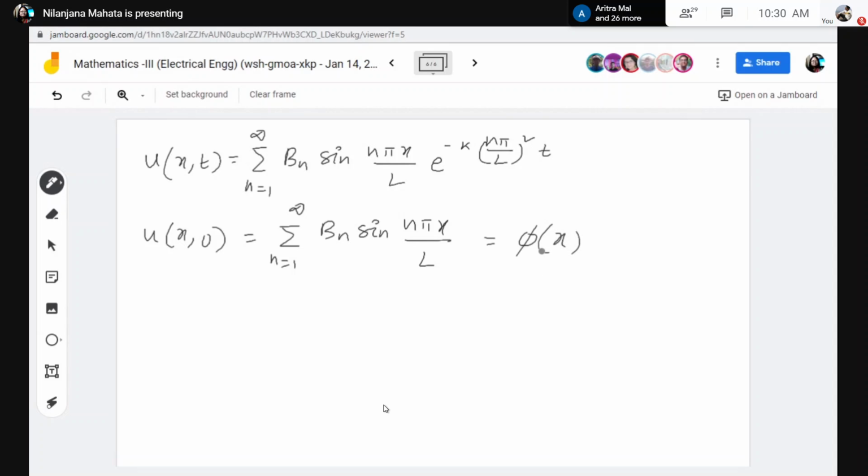If you remember, this is a sine series, and for a Fourier series we can have our coefficients in the form of this b_n.